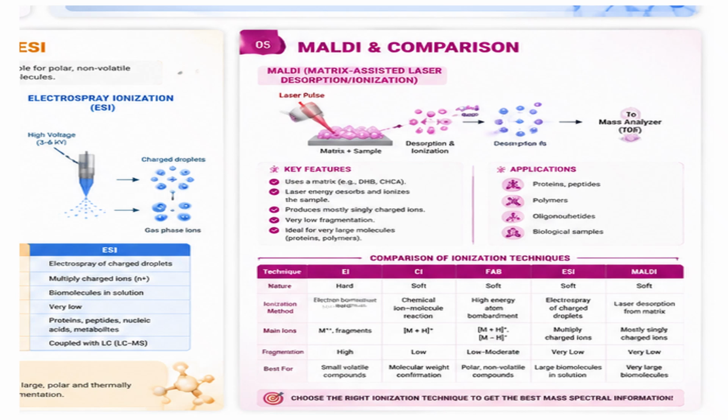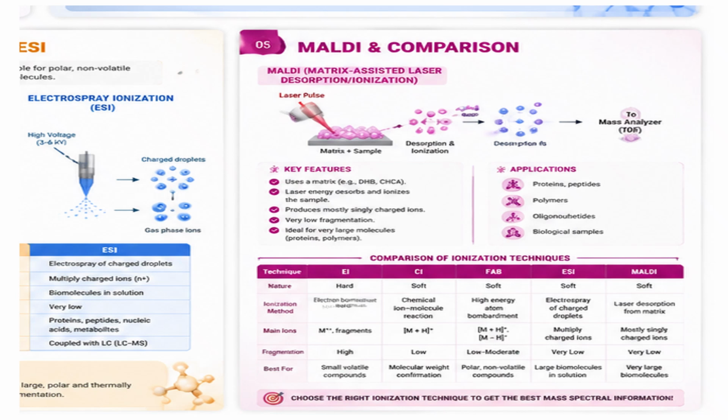This produces charged droplets, and after solvent evaporation, these droplets form gas phase ions. ESI produces multiply charged ions, so it is very useful for large biomolecules in solution, such as proteins, peptides, nucleic acids, and metabolites. It also causes very low fragmentation and is commonly coupled with LC-MS.